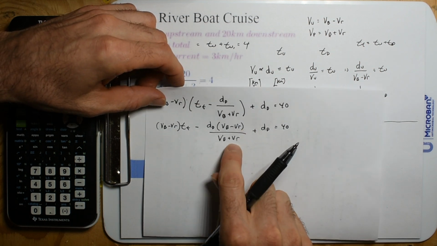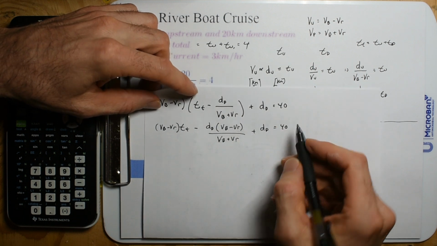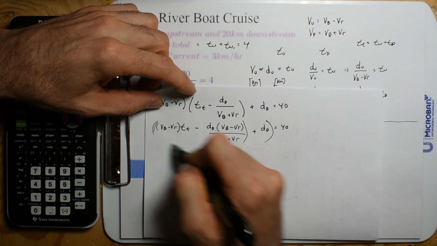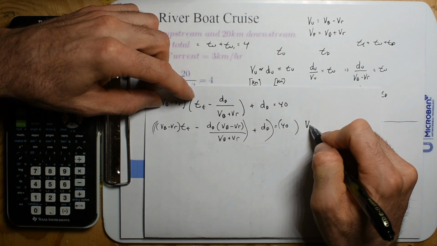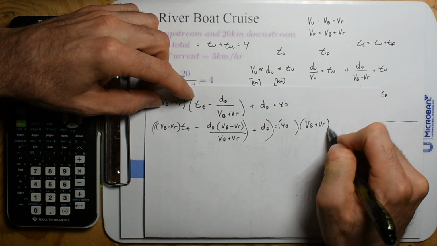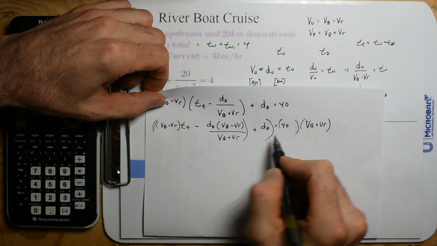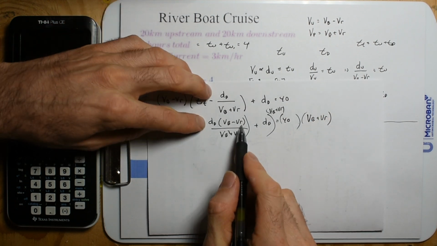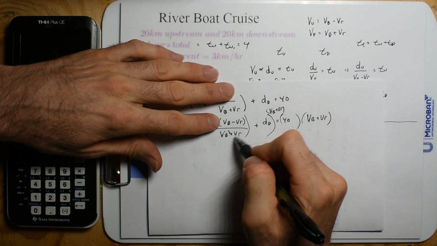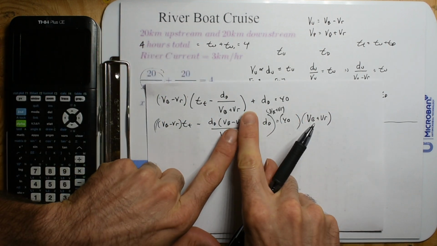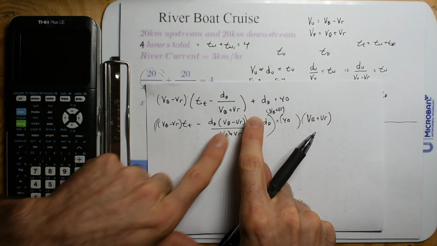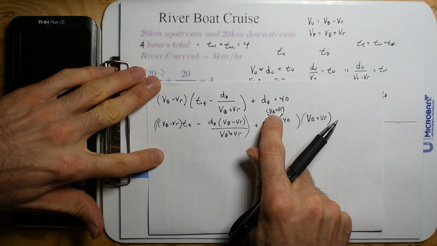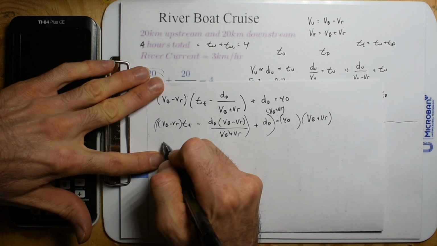The way to do that is to multiply everything on this side of the equation and this side of the equation by VB plus VR. If we do that, then this will get multiplied by VB plus VR, and that'll just cancel. So in this part, it'll equal 1. Everywhere else, you'll just have another factor of the velocity of the boat plus the velocity of the river.